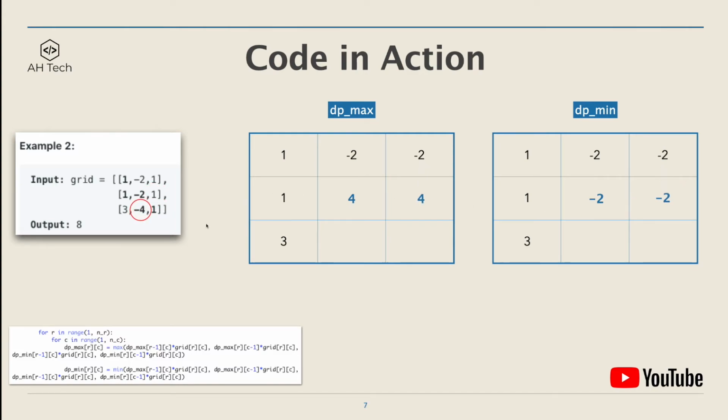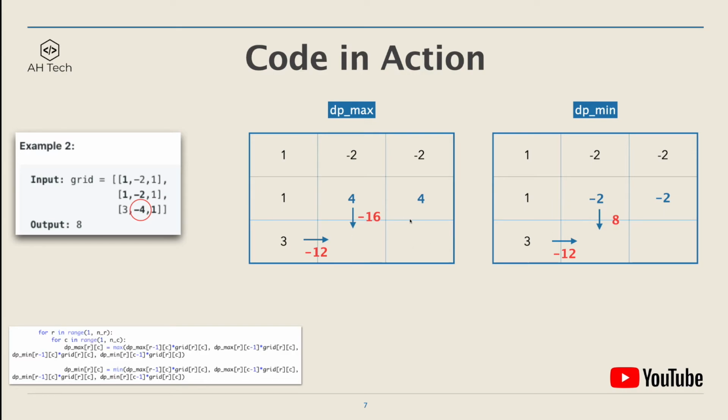And here comes the interesting part. The value in grid is -2. In DP max, the product from the top cell is -16 and from the left cell is -12. In DP min, the product from the top cell is 8 and from the left is -12.